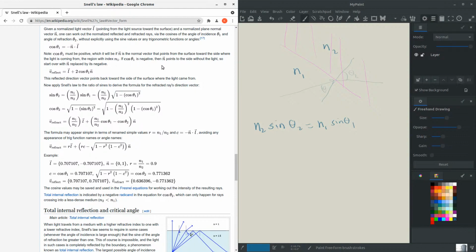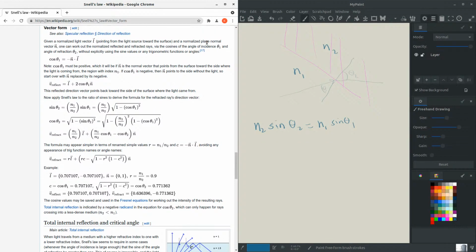The normal points to the side without the light, so it's the side that we're coming from, the normalized plane normal vector n. So we're basically looking at this vector here.